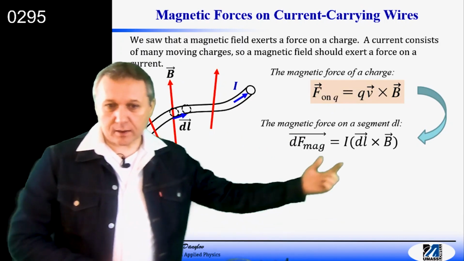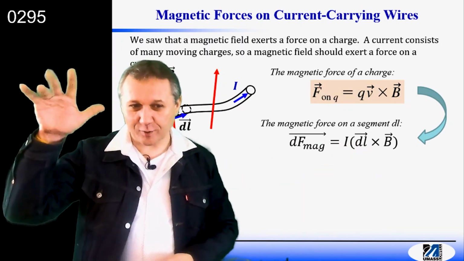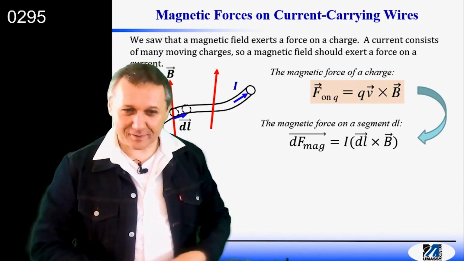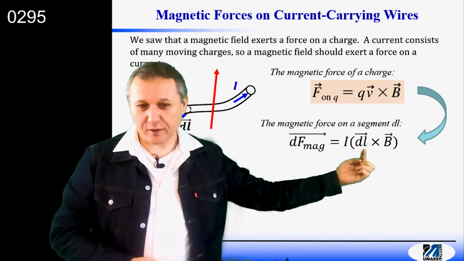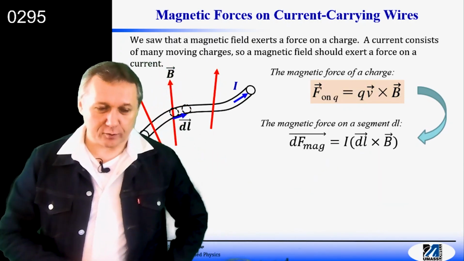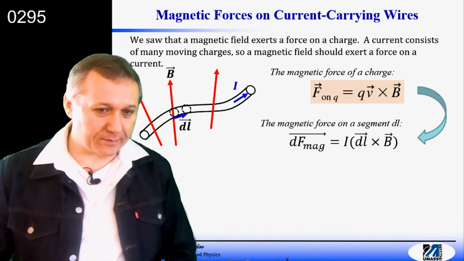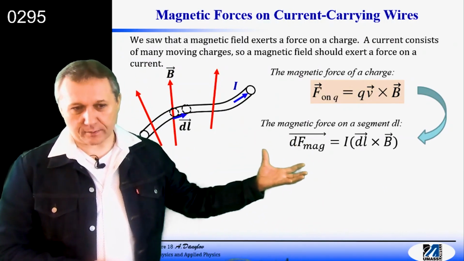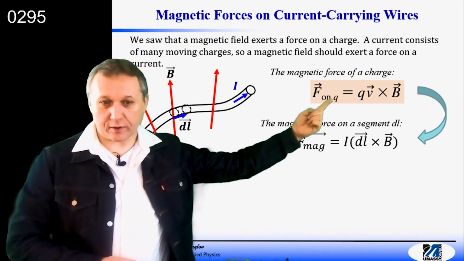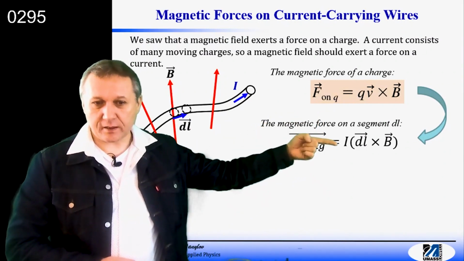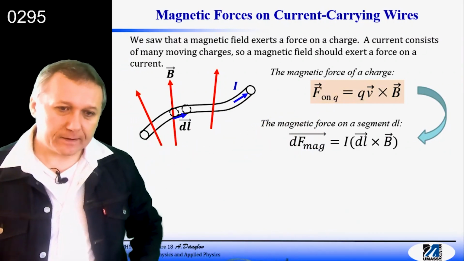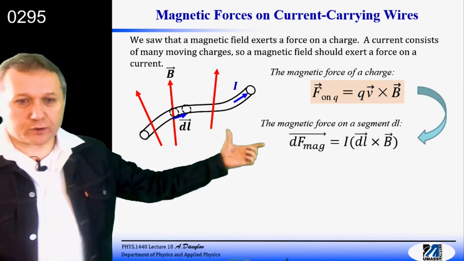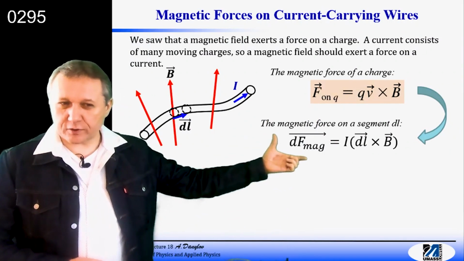And then again, cross product, right-hand rule number one. dl must be crossed with B, cross product between dl and B. Again, as I said, it's a very important formula, but it's not fundamental. Fundamental is the previous one, because this can be easily derived.